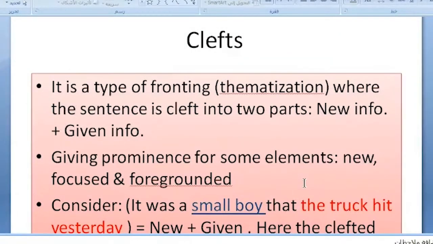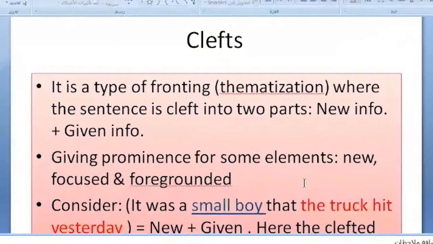So, giving prominence to some elements is achieved in the element whose position gives us new information, focused information, and foregrounding. طبعا foregrounding يعني التقديم أيضا، استهلالية الجملة.